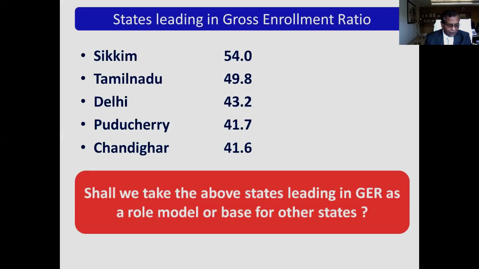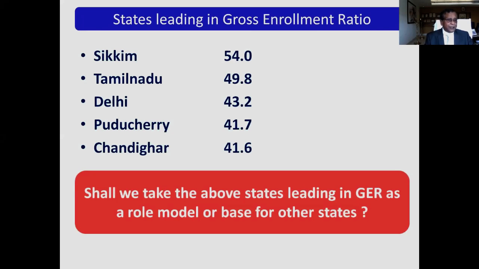There is a need for the nomination of a statutory body of the state government. Each state government should have a nominee who works with the National Higher Education Regulatory Council to tell about their problems, their good practices, and everything.